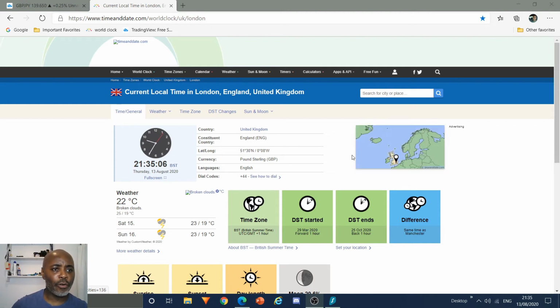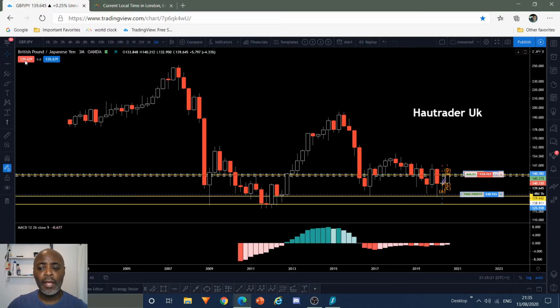So let me just jump across into the chart. So remember, we're here on the 13th of August. So when you see the part of the video where you see me breaking down the top-down analysis, you'll see that we did that on the 6th of August. So let me jump into the pair. The pair I'm talking about is the British pound, Japanese yen.